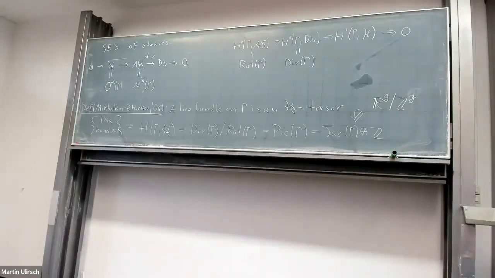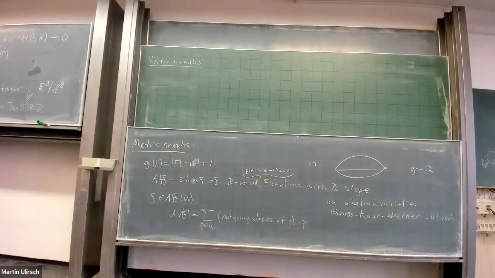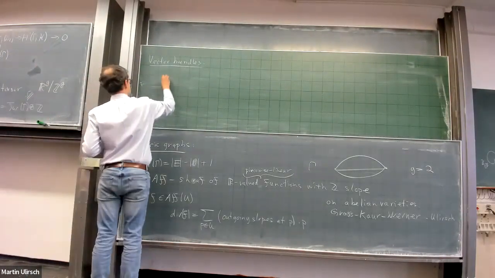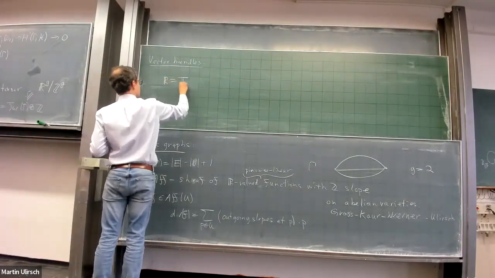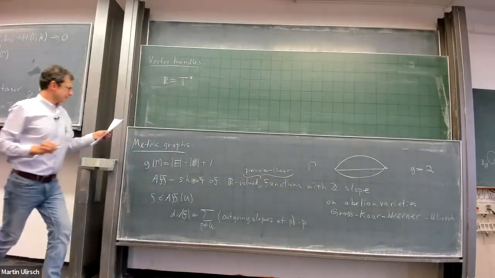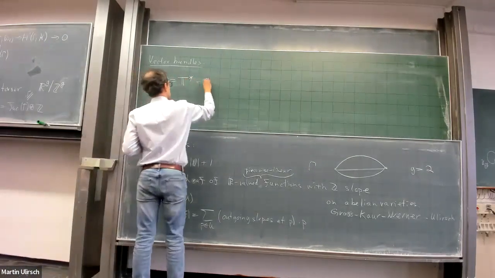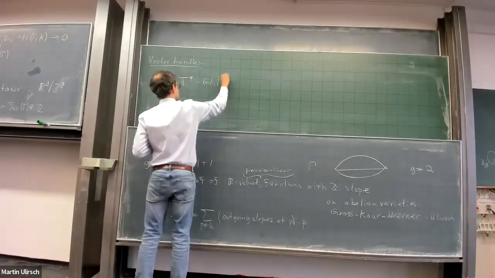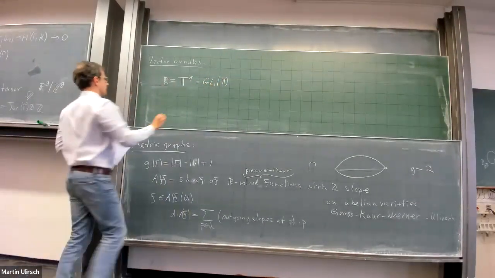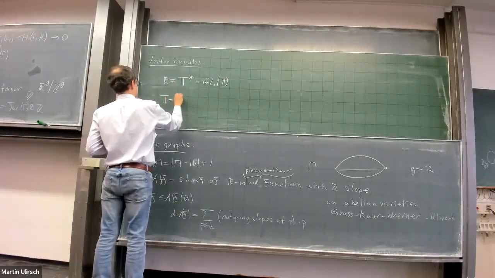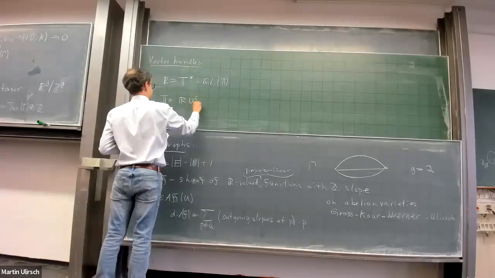So the idea is very simple. These functions take values in R, and I'm going to think of R as being G_m over the tropical semifield. So in other words, this is GL_1 of T. So T is the tropical semifield. It consists of R with infinity added.